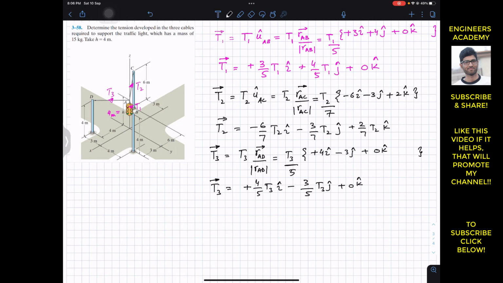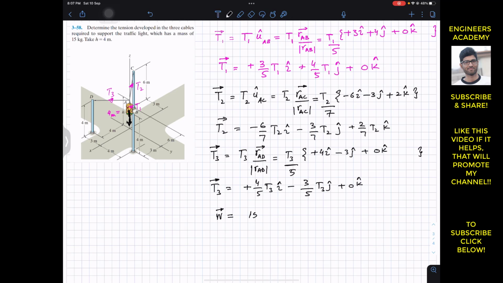And at the end we are given that the traffic light has a mass of 15 kg. So this means that its weight is going to act vertically downward. So the weight is acting in the negative k direction. So we can represent that weight as a Cartesian vector. The weight magnitude will be mass times g.